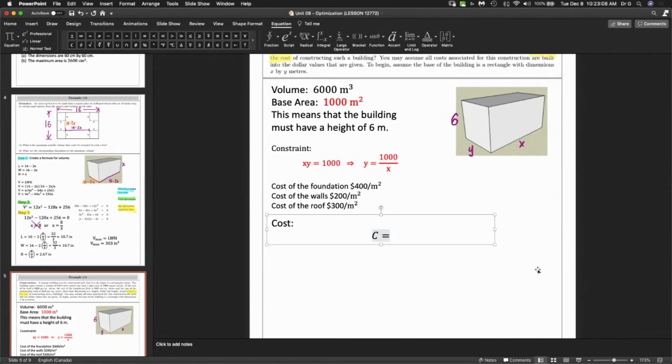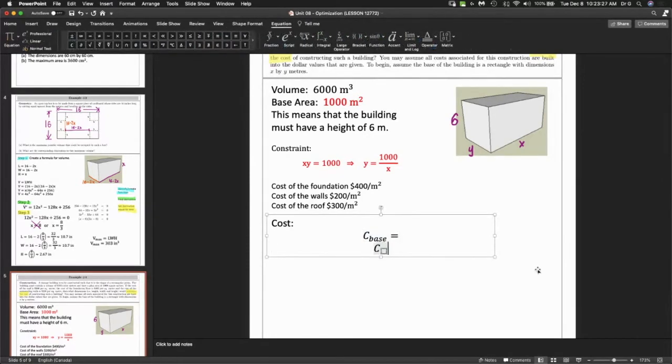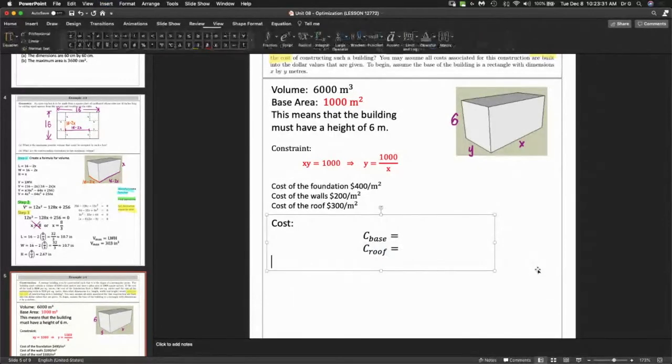The foundation and the floor is 1,000 square meters. I'll break it into pieces, okay? Cost of the base, cost of the roof, and then cost of the walls.